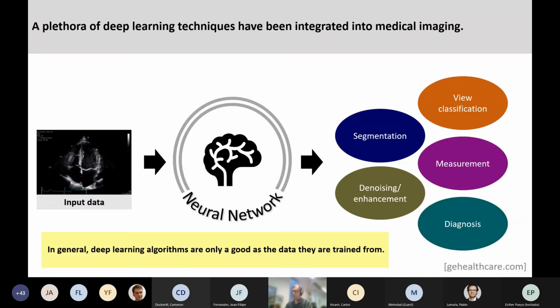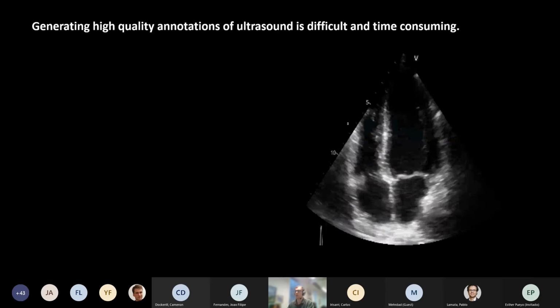But what we see in general is that deep learning algorithms are only as good as the data that they are trained from. So in ultrasound, that's particularly hard because generating high quality annotations of ultrasound is difficult and time consuming. So you might have some images that are fairly good image quality, such as this one, where you can see the structure boundaries relatively well.